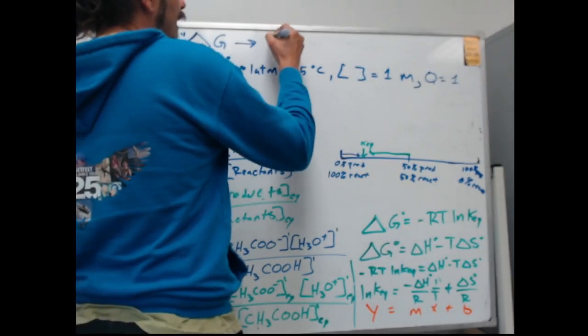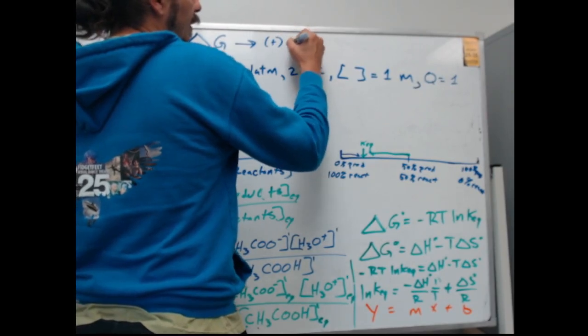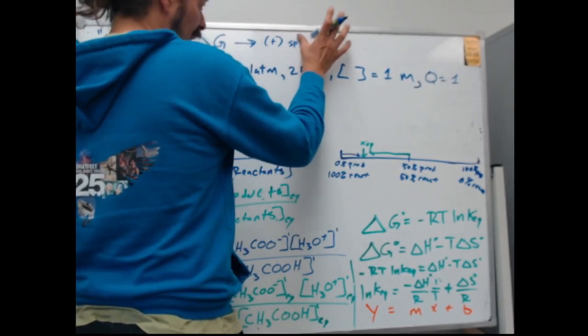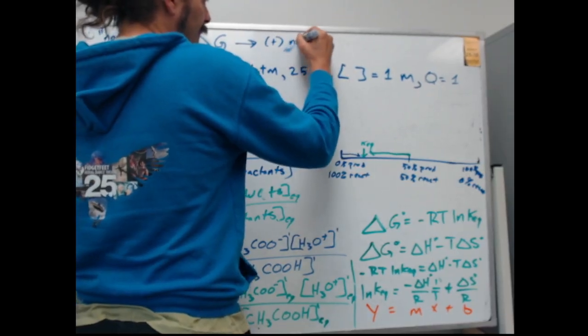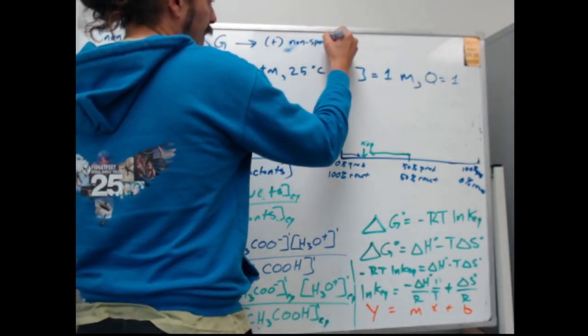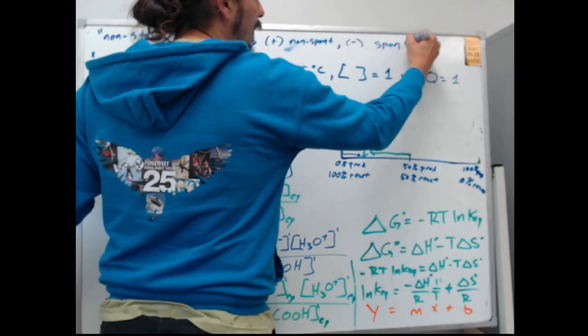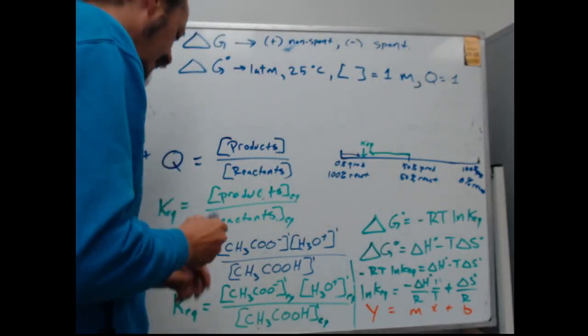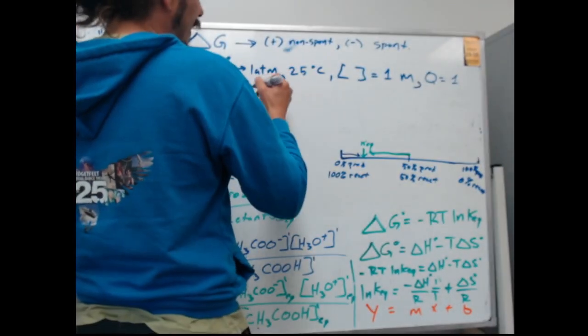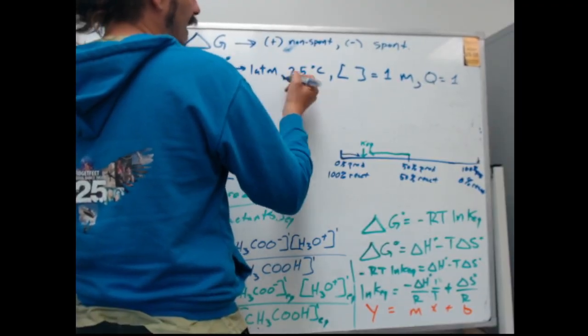So this delta G is positive, or non-spontaneous, negative, or spontaneous. This delta G standard is going to get us, let me think about this.